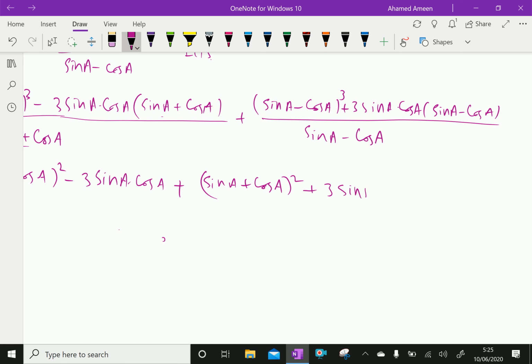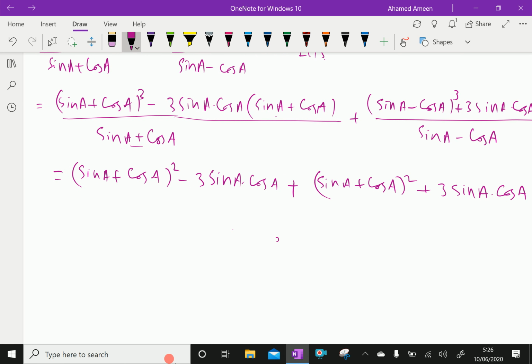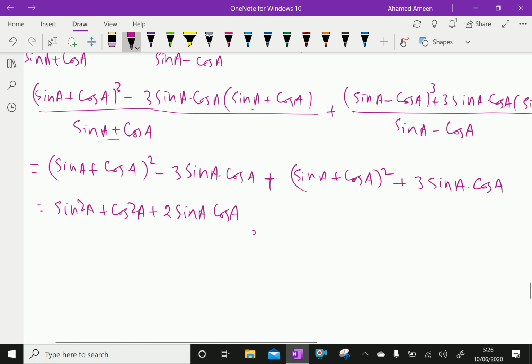So we have, expanding now, sin square A plus cos square A plus 2 sin A cos A, that is sin A plus cos A whole square minus 3 sin A into cos A.